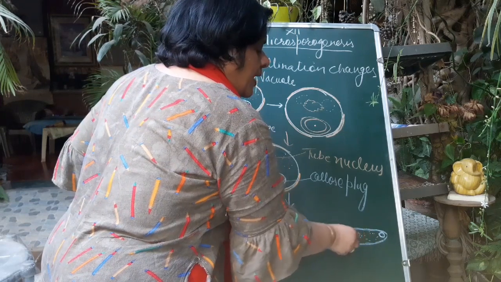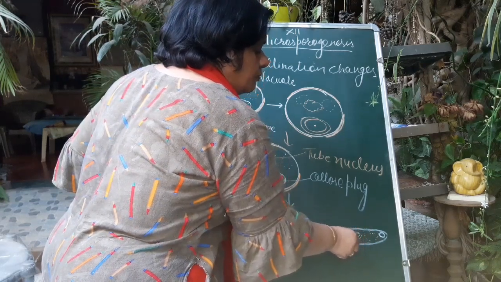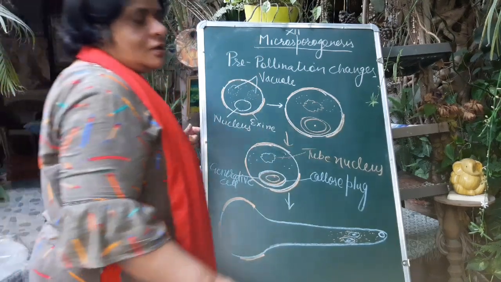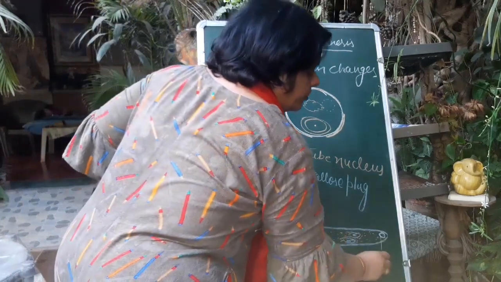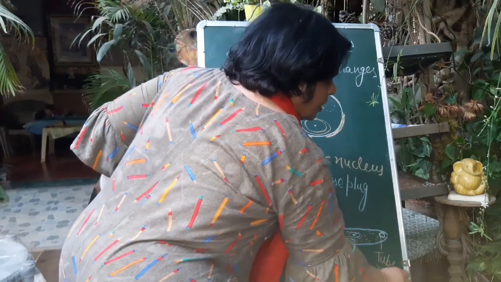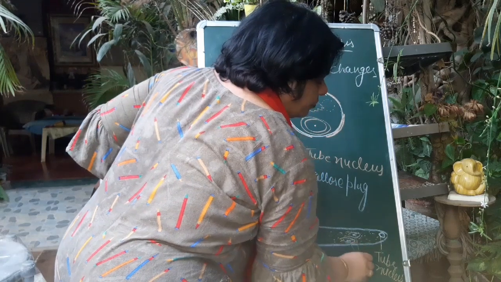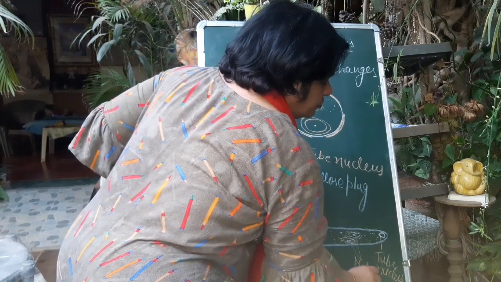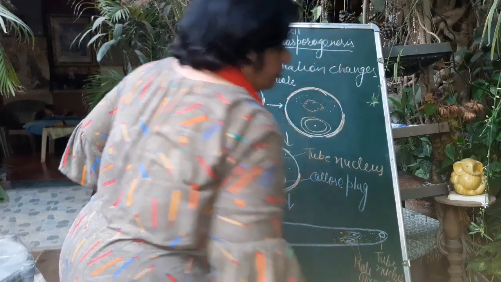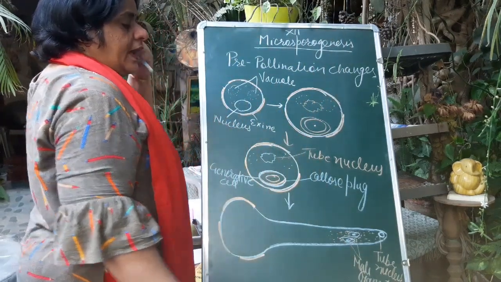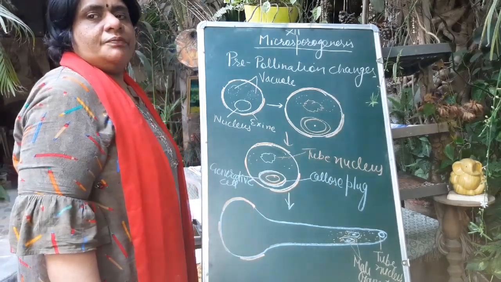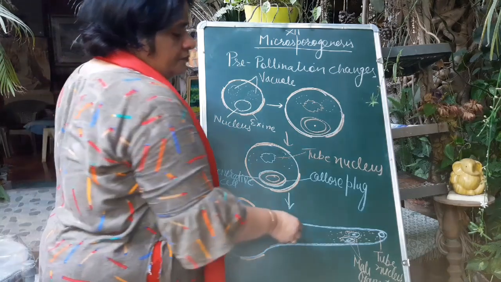So we consider them to be cells. This is tube nucleus. Then these are two male gametes or the male cells, and this cytoplasm is active cytoplasm, that is highly dense cytoplasm.